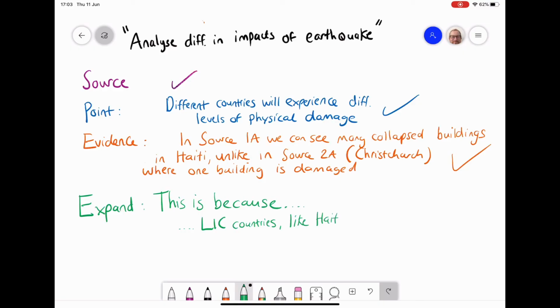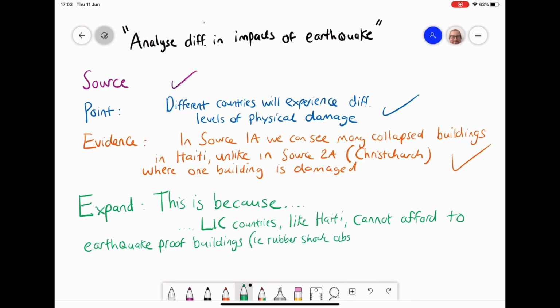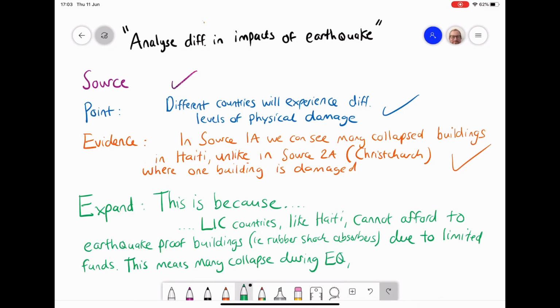And I'm saying that countries that are LICs, like Haiti, can't afford really high-end earthquake-proofing techniques, and I've put an example here of rubber shock absorbers, and the reason they can't afford this is because of limited funds, because they're an LIC. I've then gone on to really hammer the point home and say that means lots of the buildings collapse, and therefore we get widespread damage.